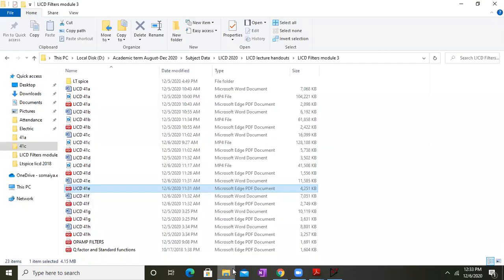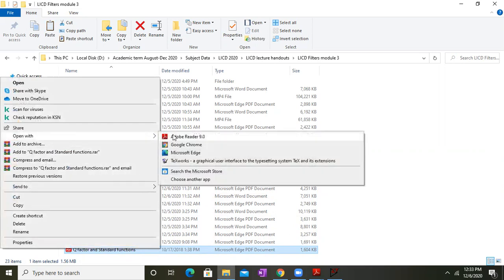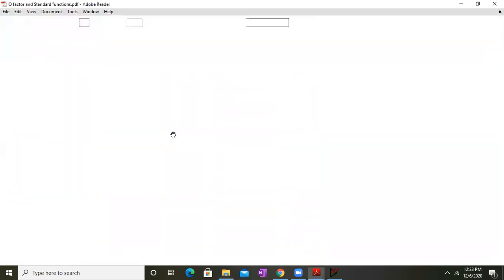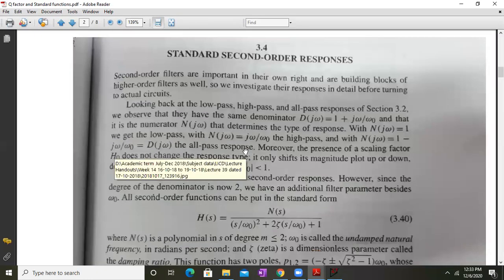Now I will tell you what this is. Let me open the PDF. So there are standard second order transfer functions which are already available. I will show it to you all. So these are the second order responses, second order filters.